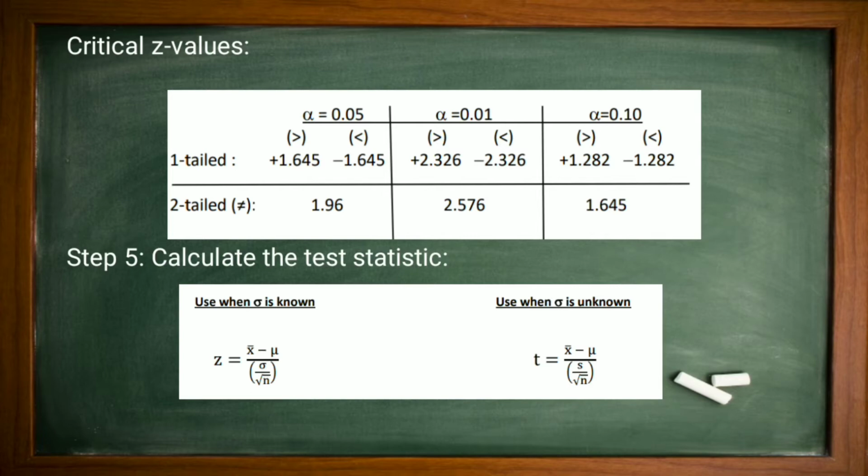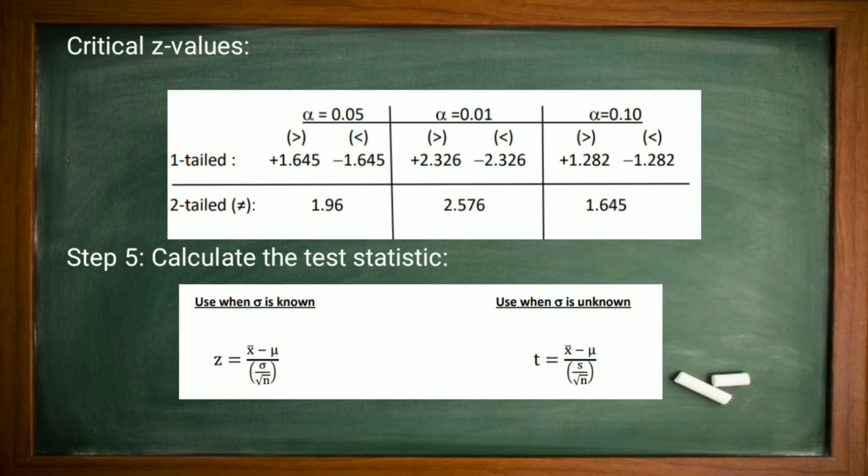Meron tayo dyan, ayan po, Z equals the mean minus the population mean divided by the standard deviation over the square root of n, where n stands for the sample size. So, yan po yung ating unang formula.